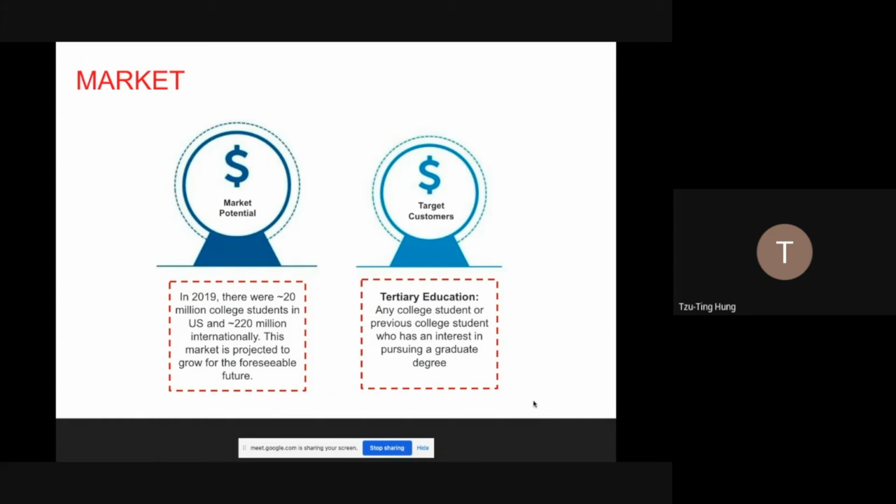We contain information from engineering, social science, life science, etc. And we know that in 2029 there were around 20 million college students in the US and 220 million internationally. Note that this number of students is just per year. As years pass, we can aggregate the number of students and our market will grow year by year.